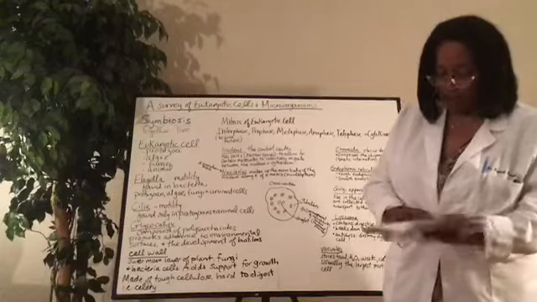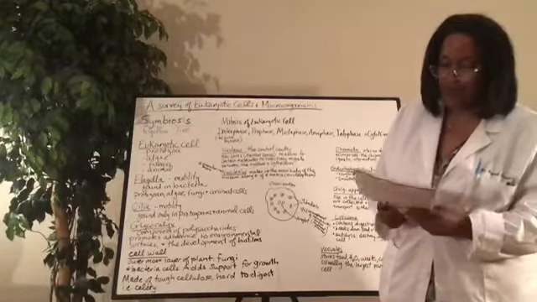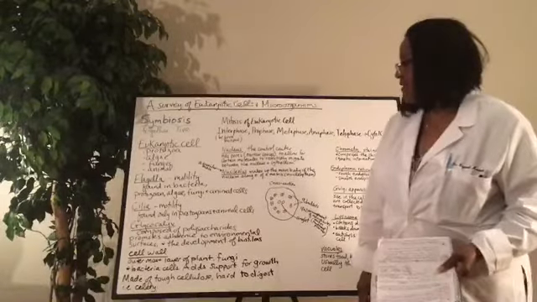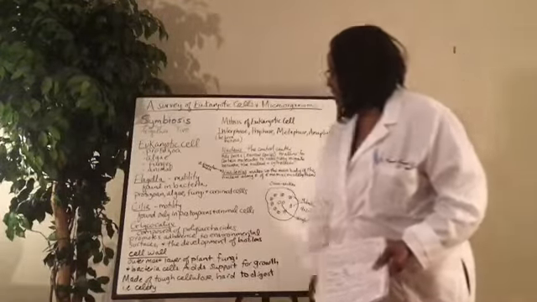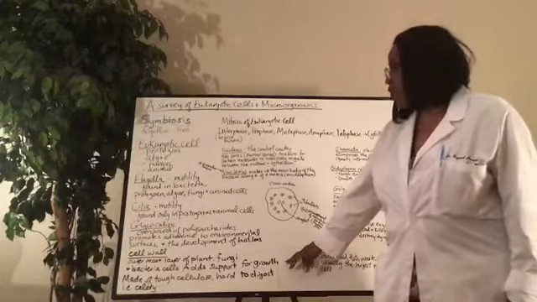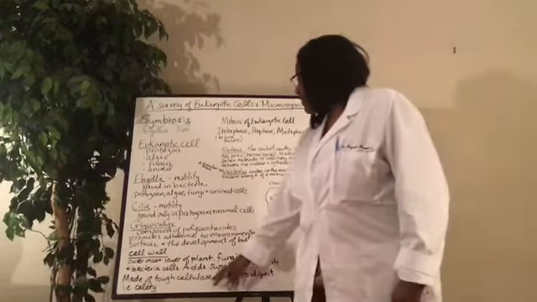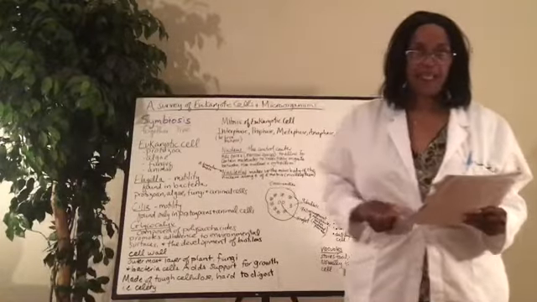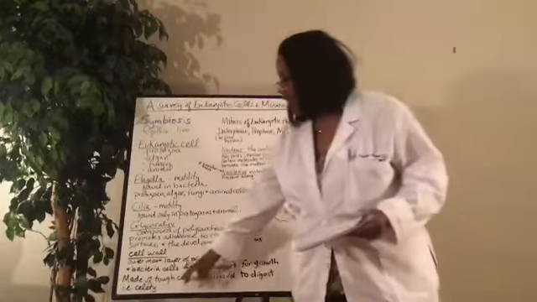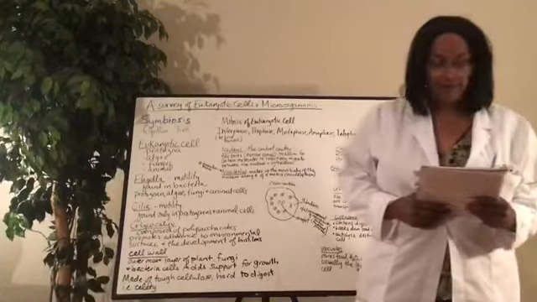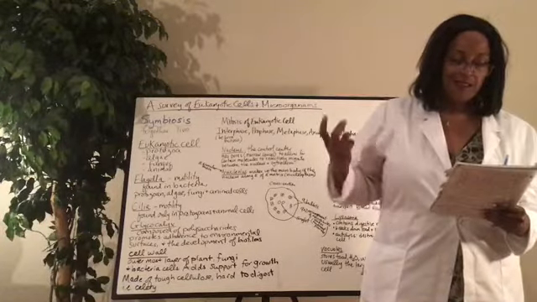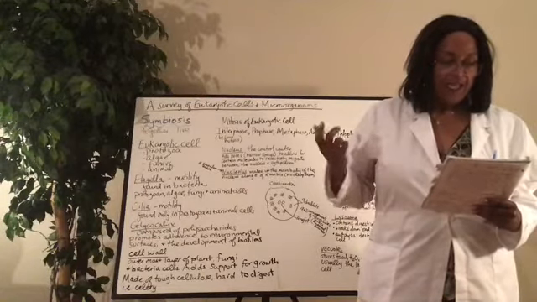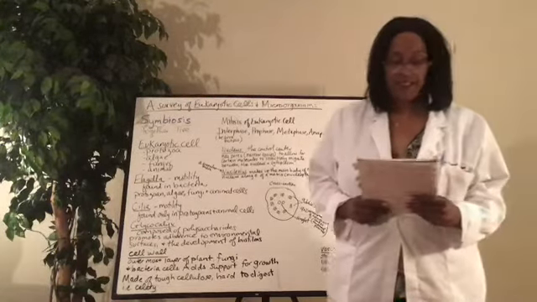Let's look at the cell wall. Cell wall is the outermost layer of plant, fungi, and bacterial cells. It adds support for growth. It's made of a tough cellulose, and it's hard to digest. Just think of something like celery. That's the example I have here of something that has a tough outer layer and is difficult to digest.